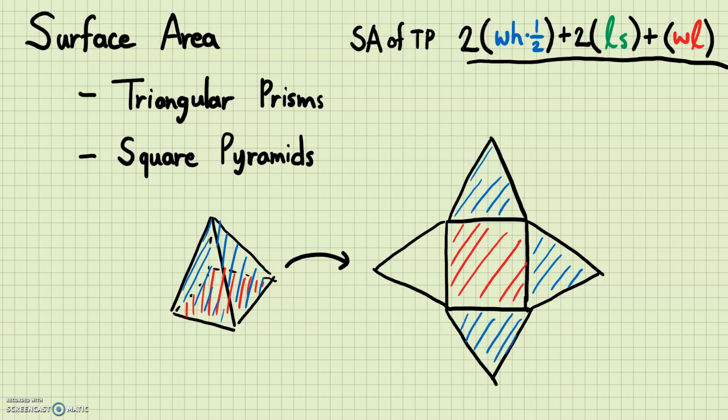Now to find the surface area of this square pyramid, we need to know the dimensions of the base. So this is a square, so let's call this S and S. They're both the same since it's a square. And for the triangle, we need to know this height.